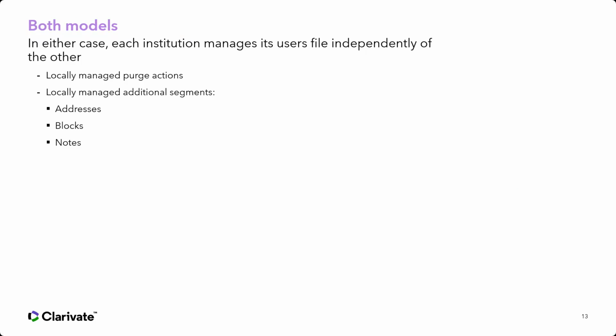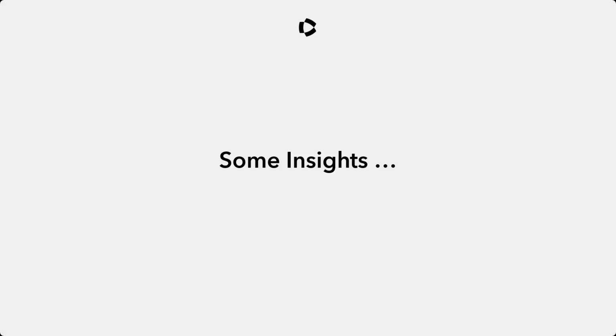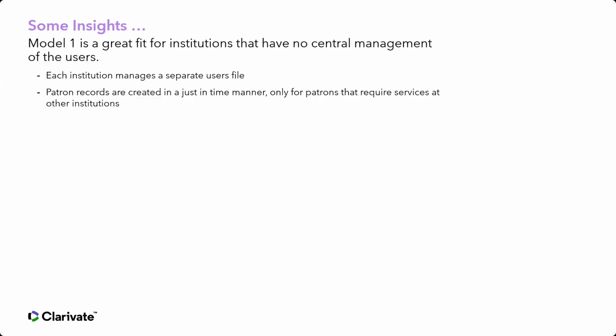Okay, so we talked about these accounts being independent from one another. We answered the question about that a few minutes ago. So a few insights about what we've just described, these two models, before we go into the third model. And that is that model one, which is again the more popular way to do that, is an easier way to manage network accounts because there's only one place where the patron information is managed.